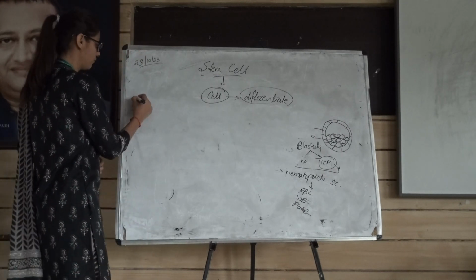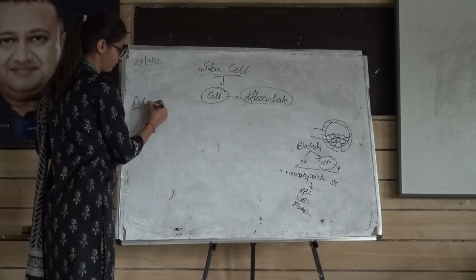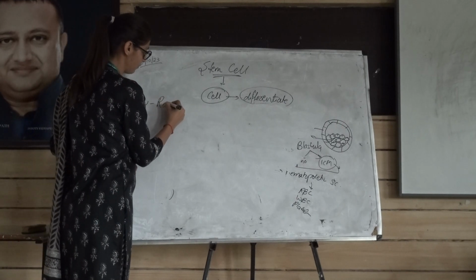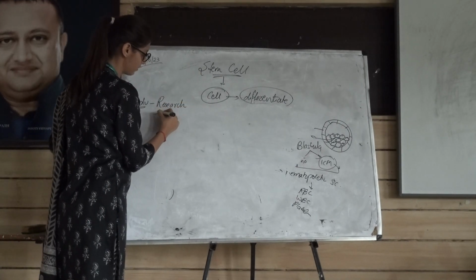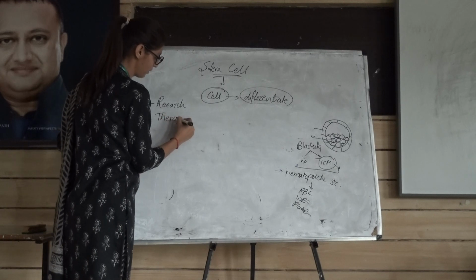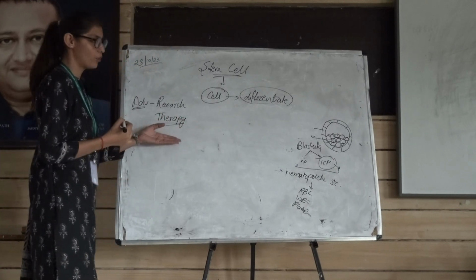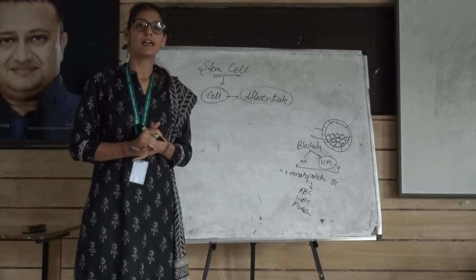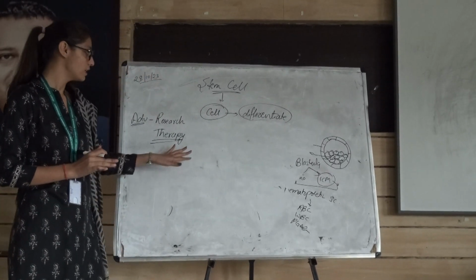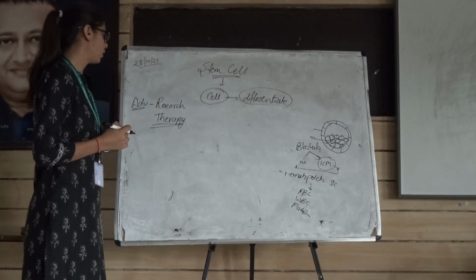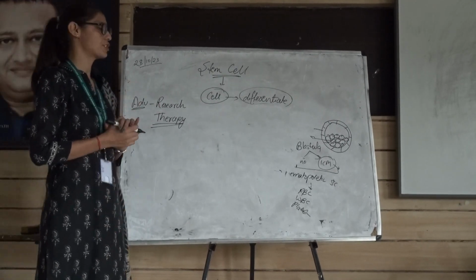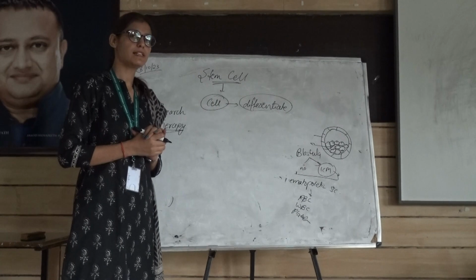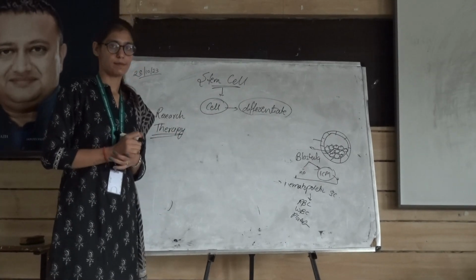So the advantages are one, research in the field, and second, therapy. So basically this is all about stem cells. We discussed stem cell, classification of stem cell and then the advantages of stem cell. Thank you.